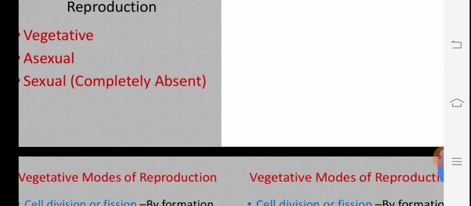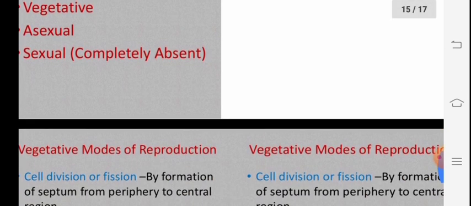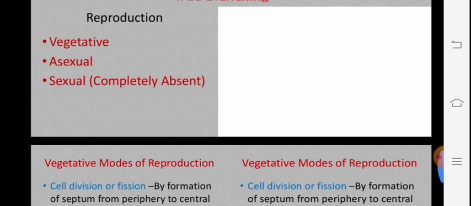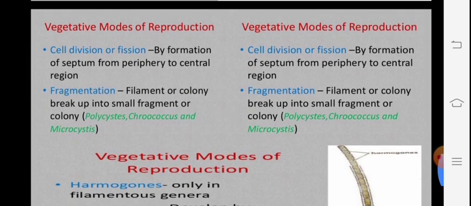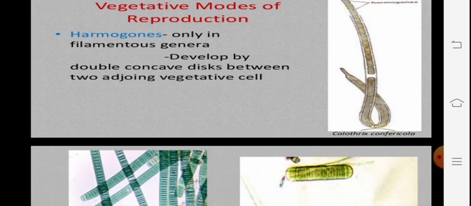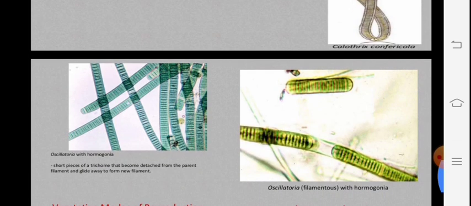And in relation to reproduction of this one, Cyanophyta, vegetative reproduction is present, while asexual and sexual reproduction are completely absent because no reproductive structures are developed. So therefore this is the one part there. Then hormogonia only develop in the filamentous genera, not in the colony.